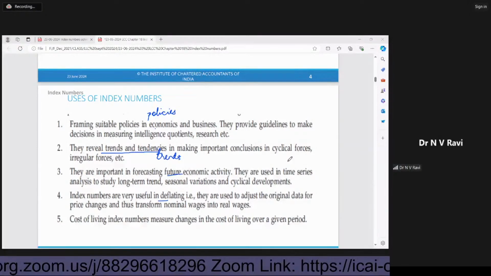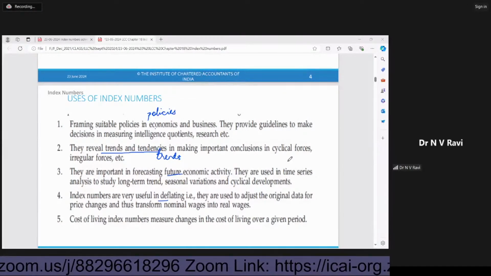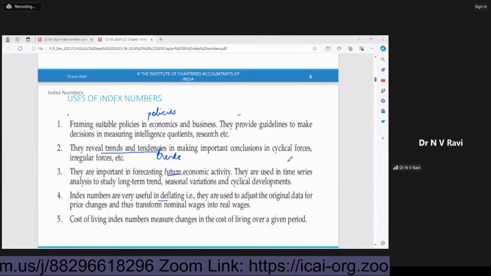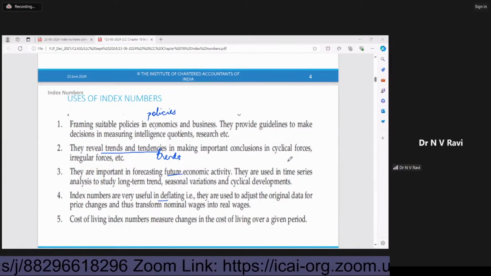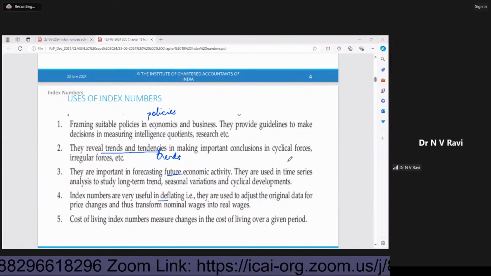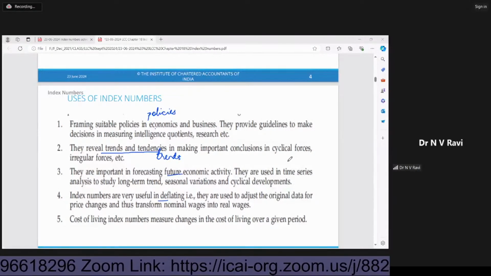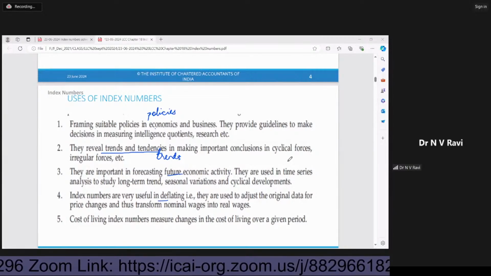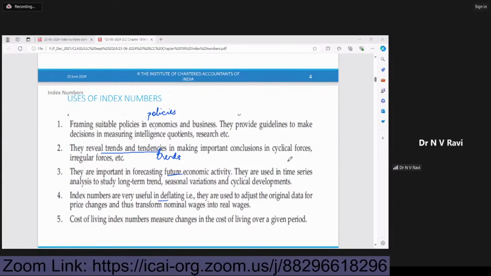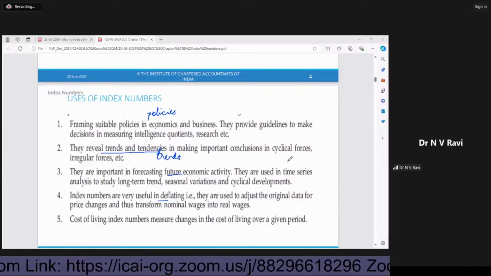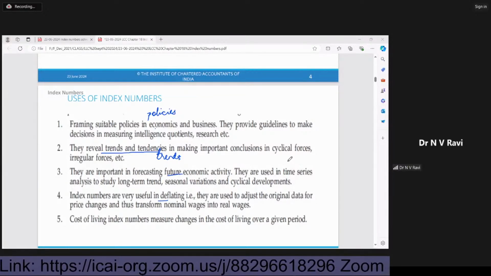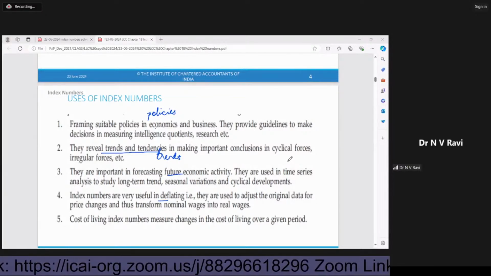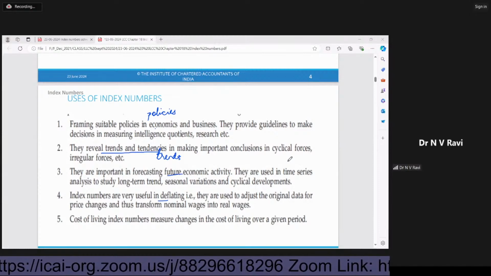That base period should be normal. There should not be too many fluctuations in the prices, and it should not be a famine period or a drought period, or Corona times. In abnormal situations, we should not take it as the base. We should take a normal period.